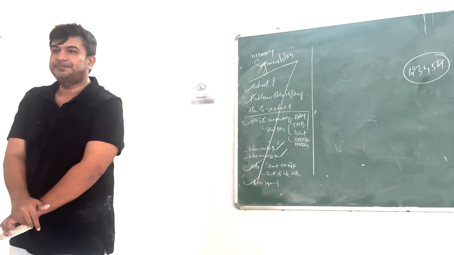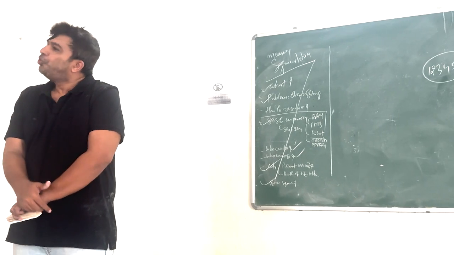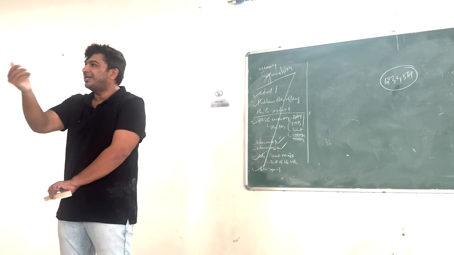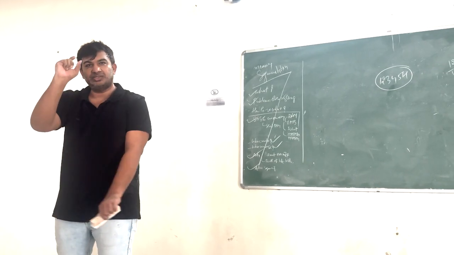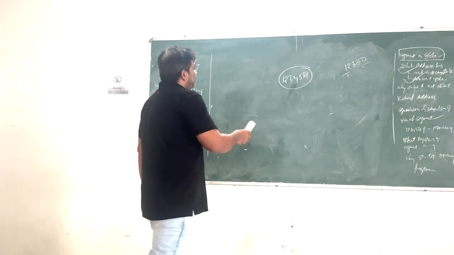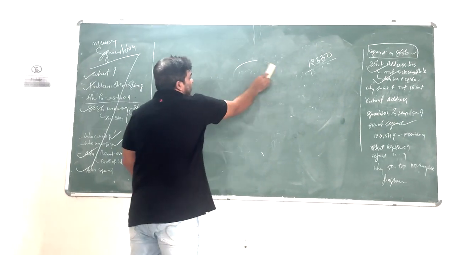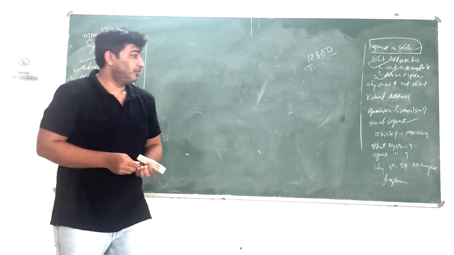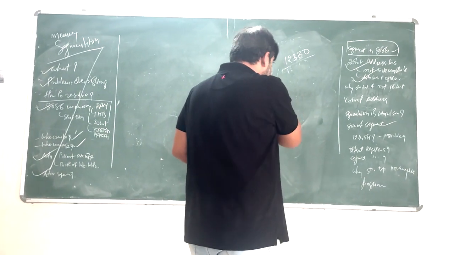Is it possible? No, because we are always multiplying our virtual address with 10, so it must end with 0. Any segment can't start on such a location. It must end with 0.